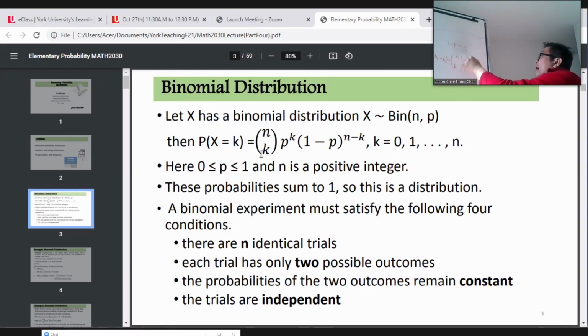The exponents you add up together had to equal n. So k plus n minus k, is it equal to n? Yes. Are you okay with this? Okay. So the p-value had to be between 0 and 1. Minimum 0, maximum is 1.